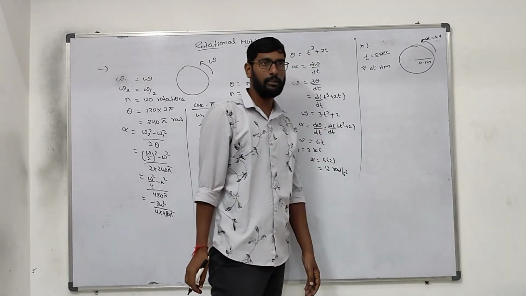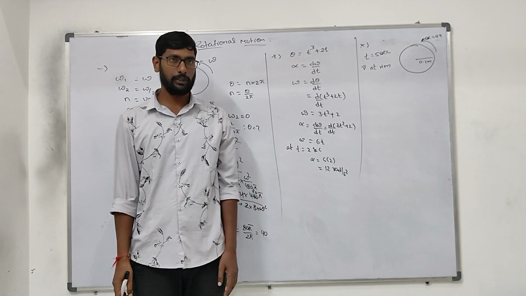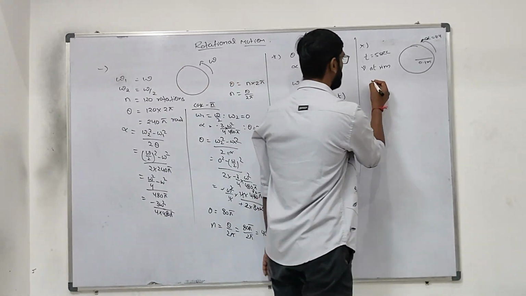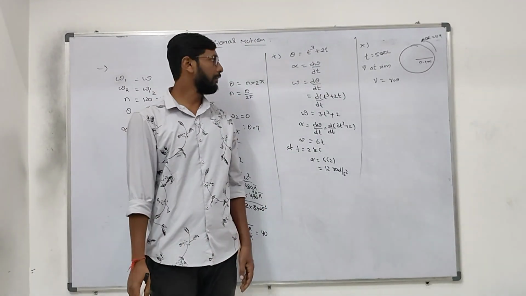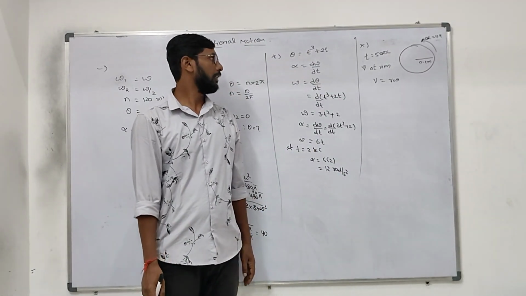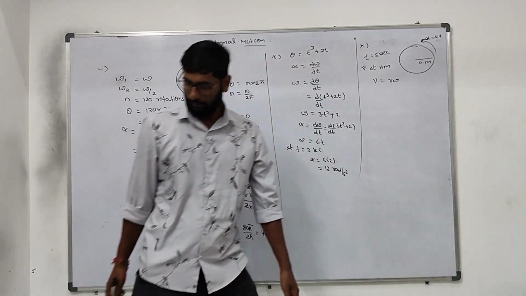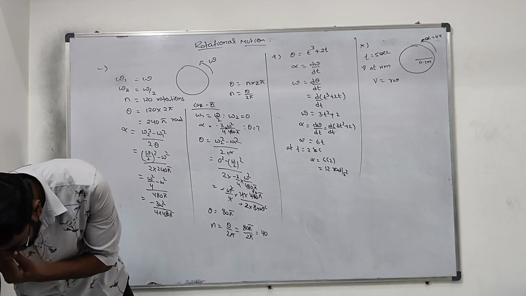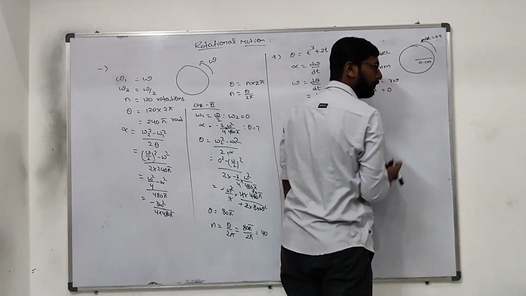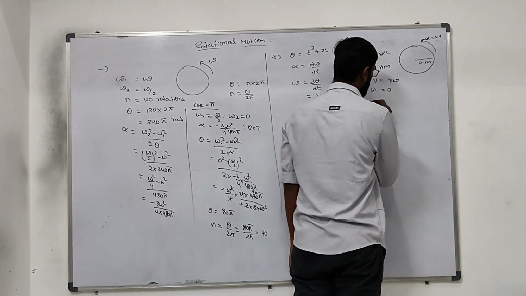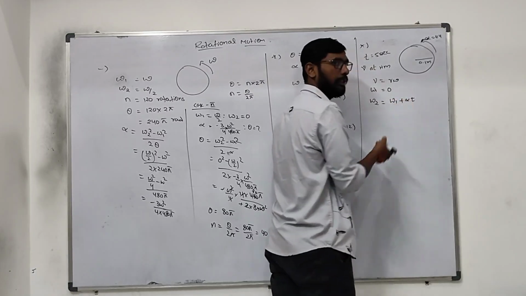Speed means linear speed or angular speed? Linear speed. So how can we find it? V equals to R omega. So first we need to find omega. R we know is 0.1. It is starting from rest, so initial angular velocity equals to 0. Omega 2 we need to find. Omega 2 formula is omega 1 plus alpha t.